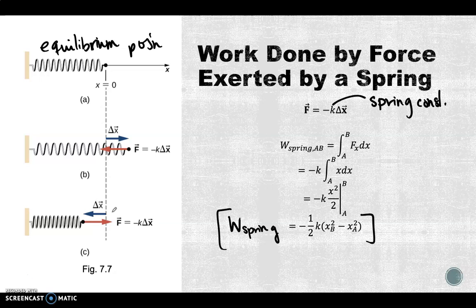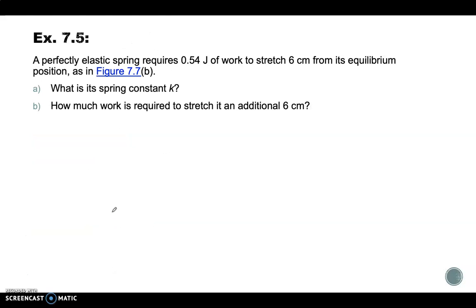So let's look at an example. This is example 7.5. It states that a perfectly elastic spring requires 0.54 joules of work to stretch 6 centimeters from its equilibrium position. The first question is, what is its spring constant, k?